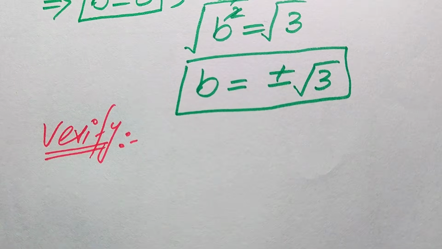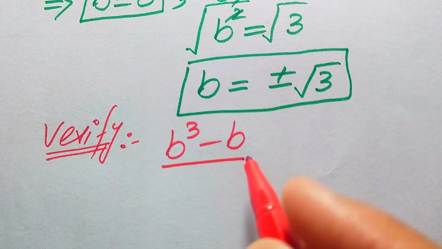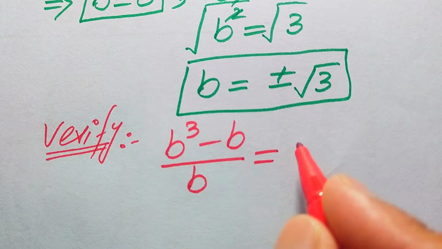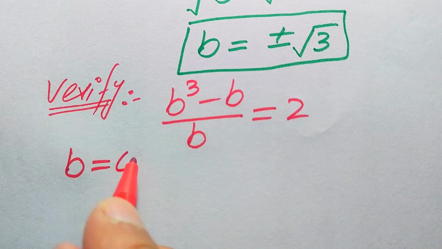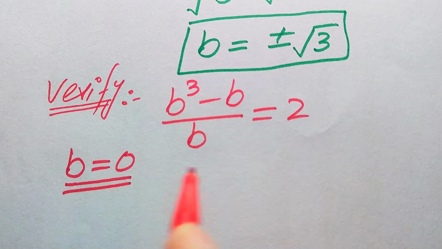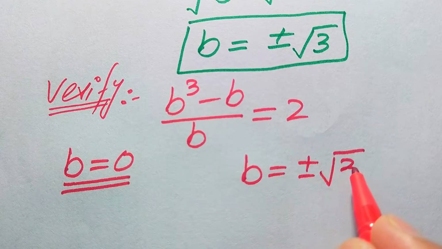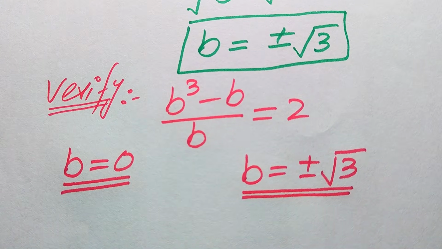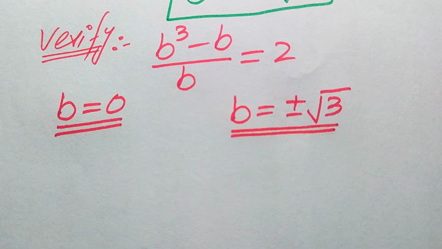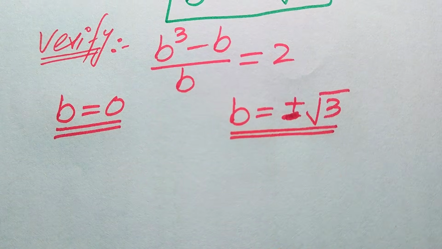For verification of this we need to copy down the given question statement. Here it is (b cubed minus b) divided by b is equal to 2. On this side we will take b is equal to 0, and on this side we will take b is equal to plus or minus the square root of 3. Here we verify both of these values separately, but first we verify b equals 0 only.